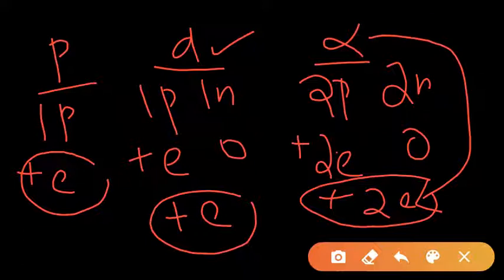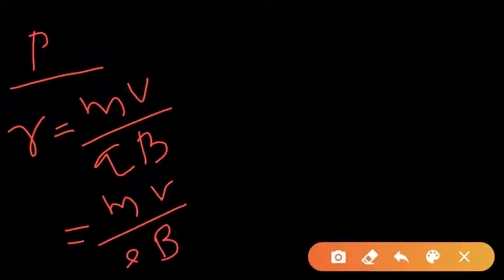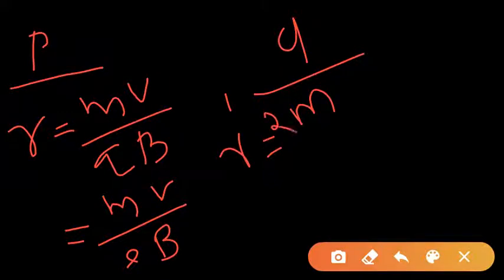Now let us find the radius. For proton, r is equal to mv divided by qB, is equal to mv divided by eB. Mass is m, charge is e. For deuteron, r dash is equal to mass is 2m.